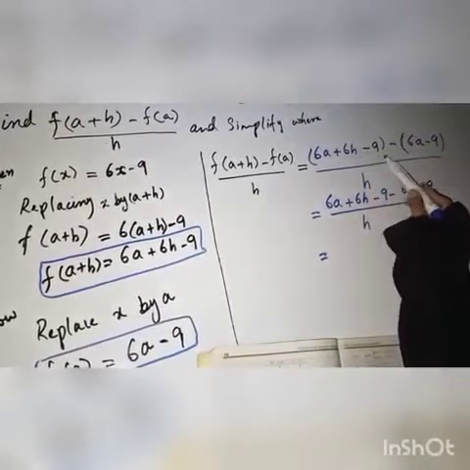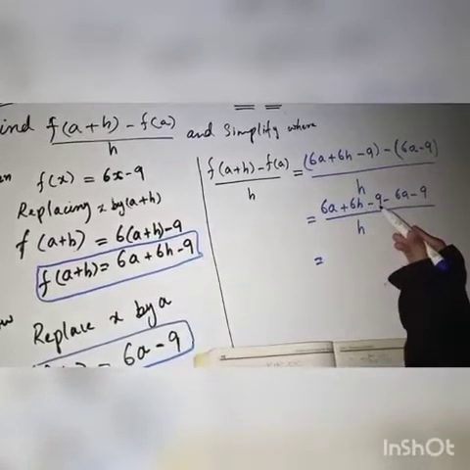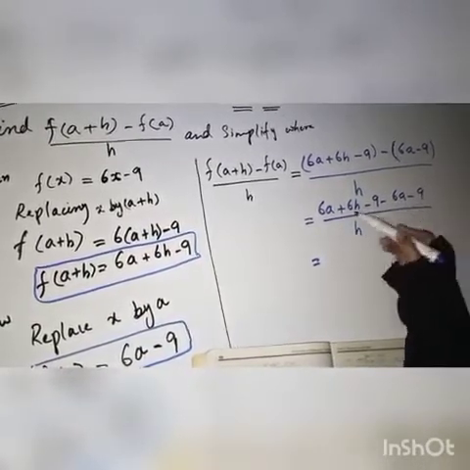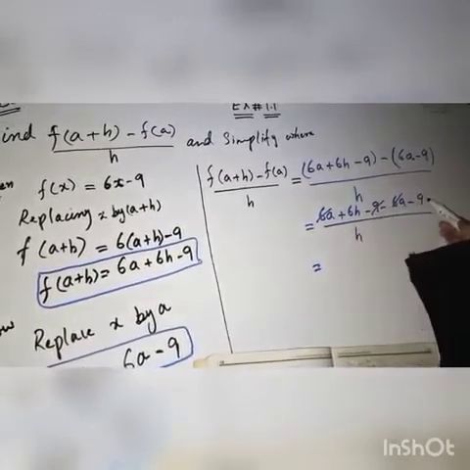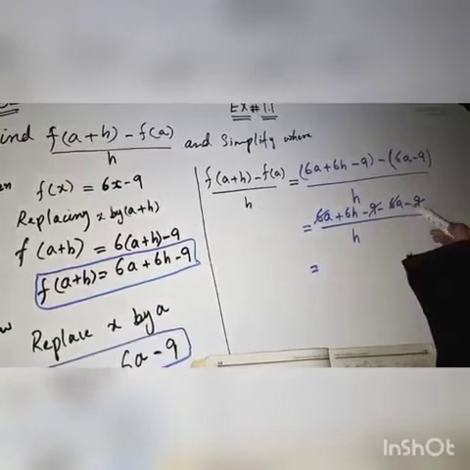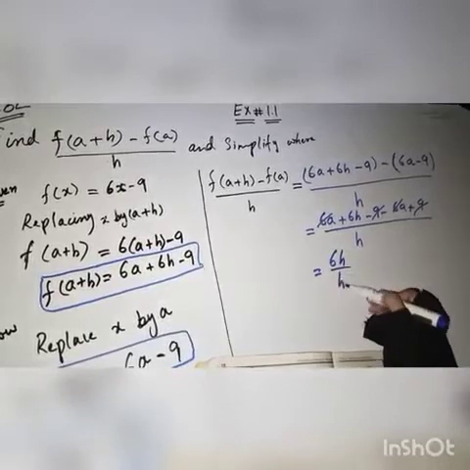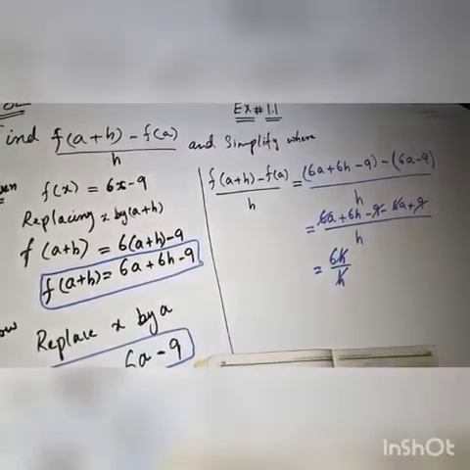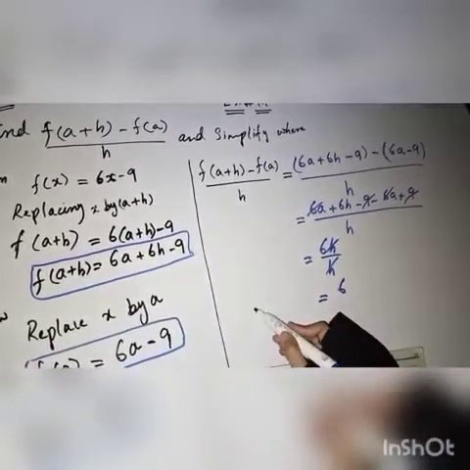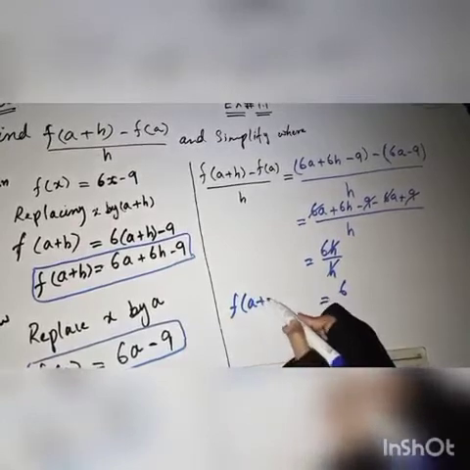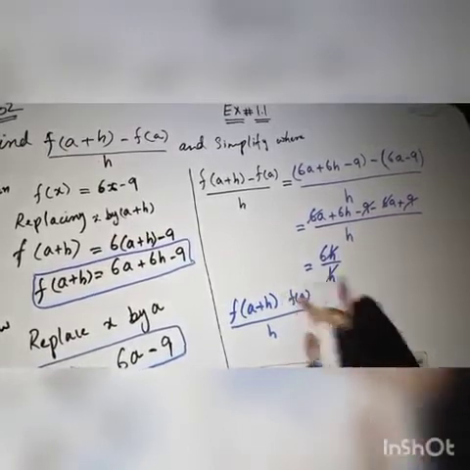By removing bracket, 6a plus 6h minus 9 minus 6a plus 9. Minus 6a cancels out with plus 6a, minus 9 cancels out with plus 9. Minus minus is plus. 6h divided by h. This h is cancelled out, as h is in both numerator and denominator. So our required answer is only 6. So we have found the value of f of a plus h minus f of a divided by h. This is our required value.